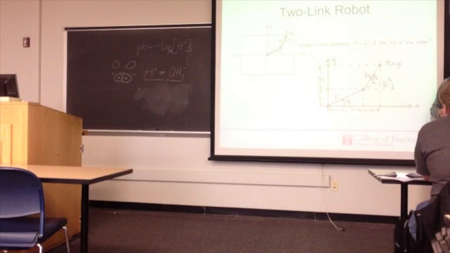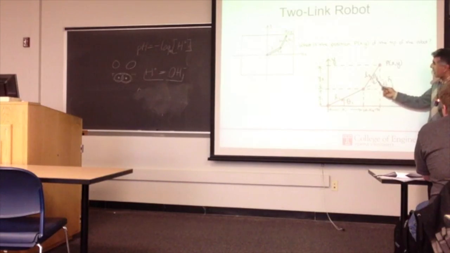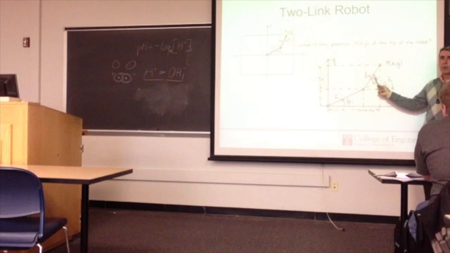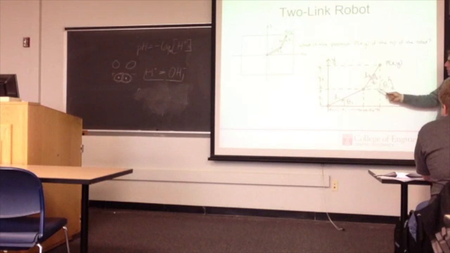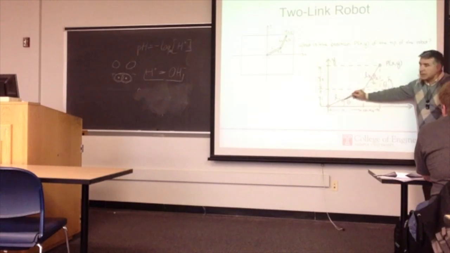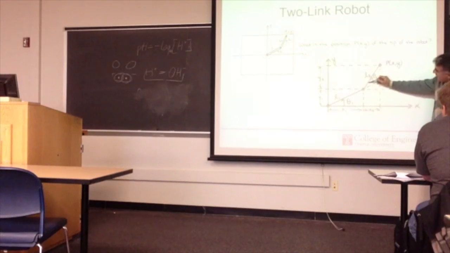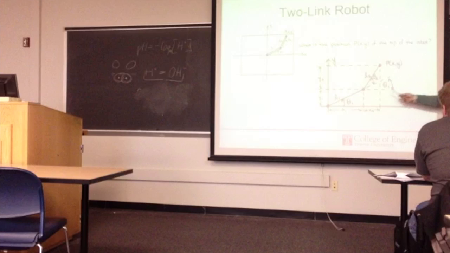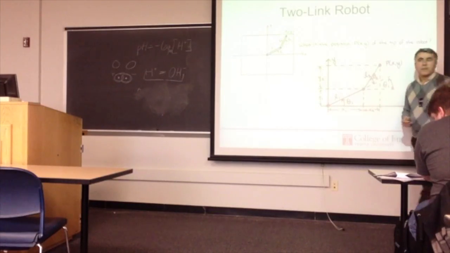Yes and no. It is not entirely based on theta 2, but there's also a portion which is theta 1, because these two lines are parallel, and when a line intersects, these two angles are the same. So in other words, this angle is really a summation of theta 1 and theta 2, which in that case, x2 is simply L2 cos of theta 1 plus theta 2.